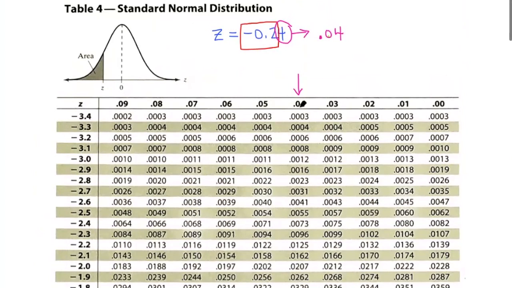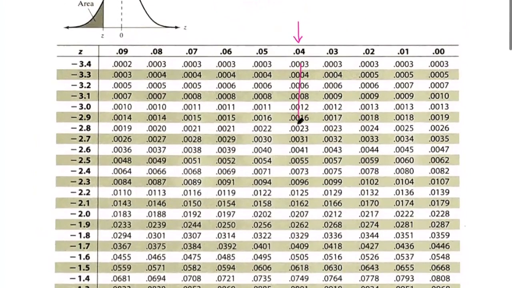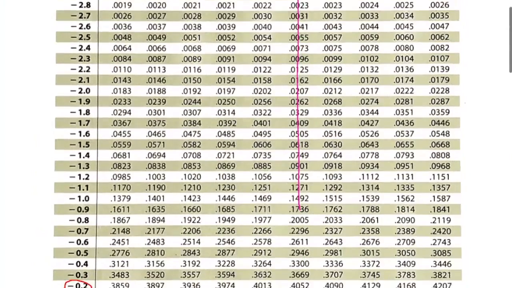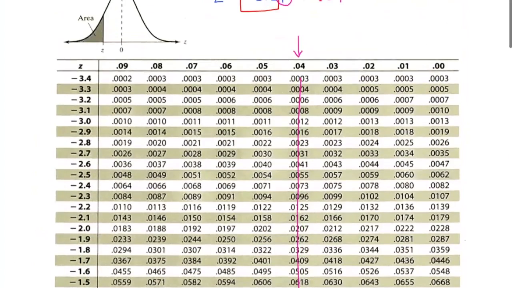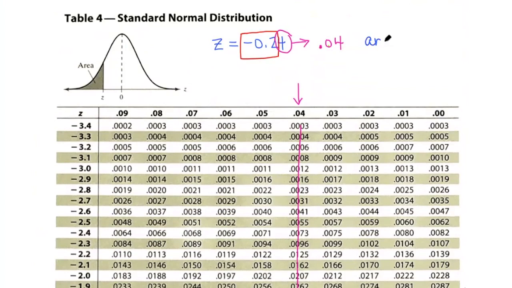So now I want to find, in this column, where it intersects with this row, which seems to be right here at 0.4052. So the area for this z-score is 0.4052.